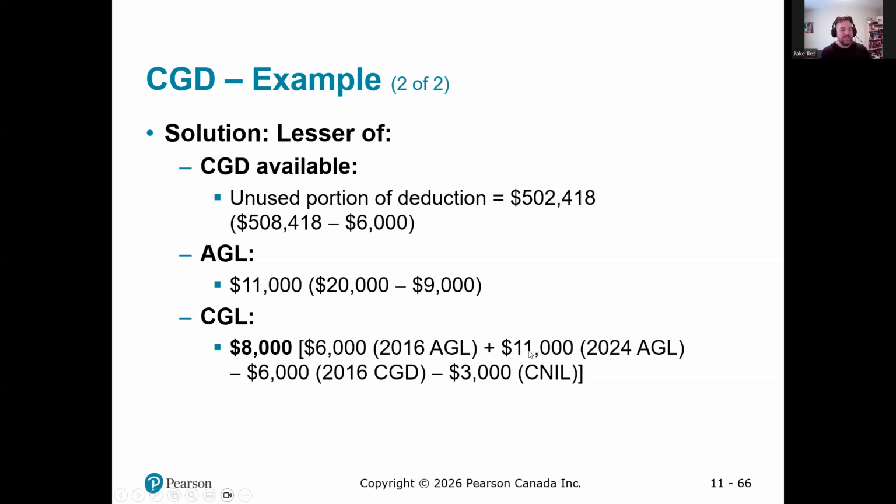So we have our AGL this year of $11,000 minus our cumulative loss of $3,000, which means we can only use $8,000. So we have $500,000 available. We have an annual gain of $11,000, but we can only use $8,000 of it because the cumulative amount includes the $11,000 minus our net loss over the years.